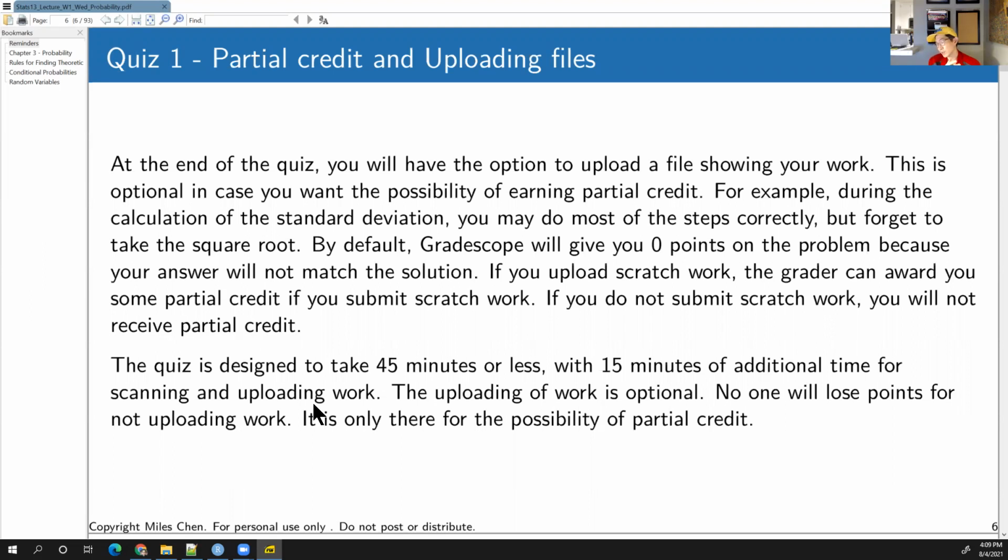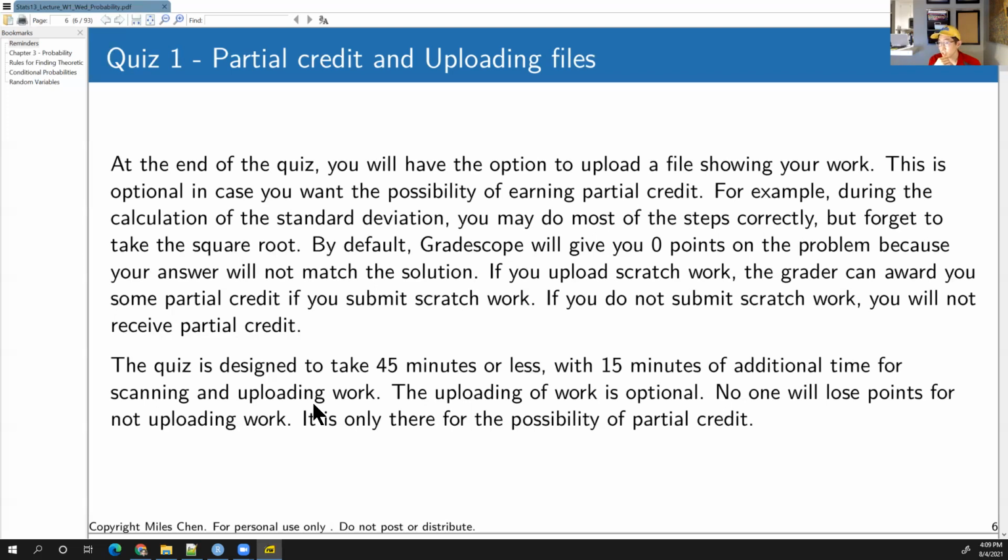But if we look at your scratch work and it's like, oh, you did all the steps correct, but you made a small mistake here, we can give you some partial credit. Obviously, we can't give you 100% for it, but we can give you some of the points back, okay? And so that's optional. And you're going to scan it and upload it just like you do the homework, right? So you'll scan it on your phone and then there's a spot in Gradescope to upload it.